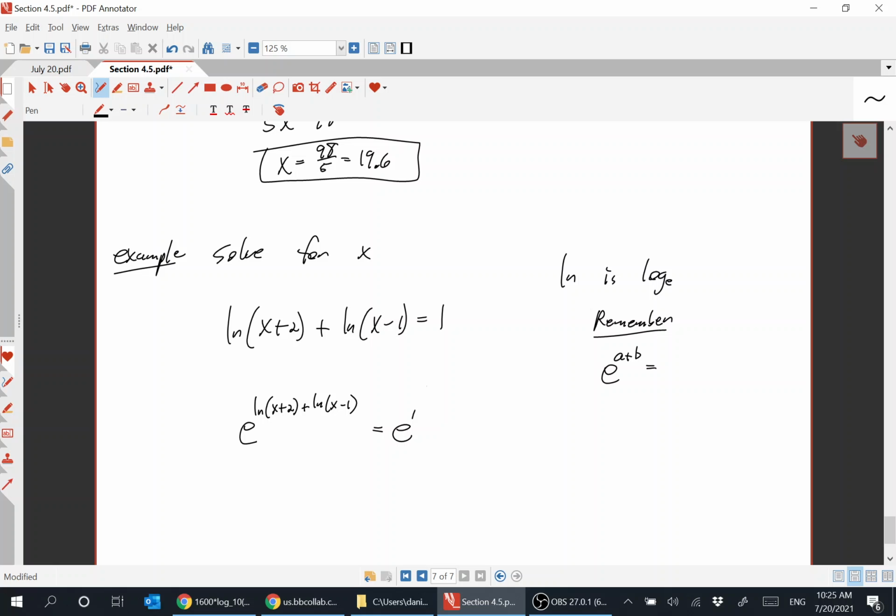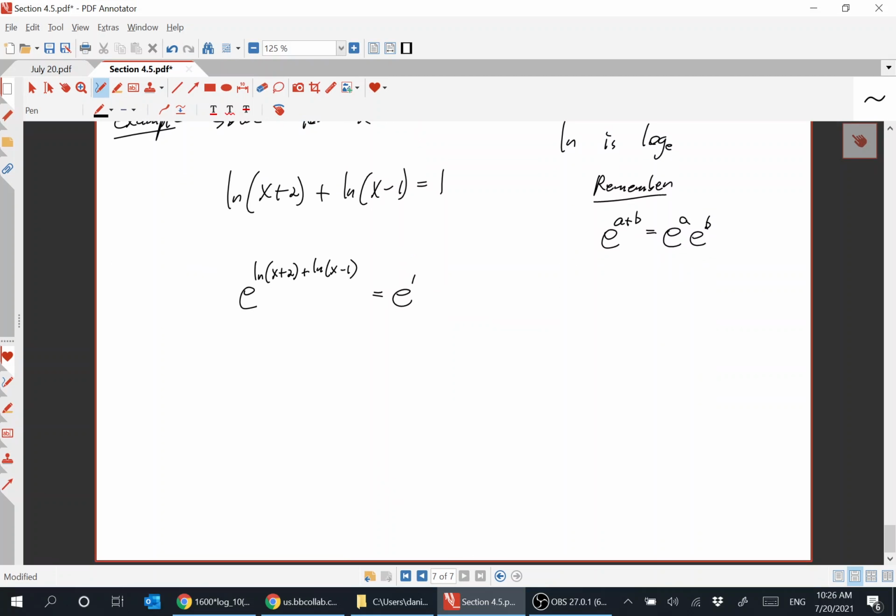What was the basic identity that you can use when you have a sum in the exponent? Remember, this is e to the a times e to the b. So this one is e to the natural log of x plus 2 times e to the natural log of x minus 1 equals just e.